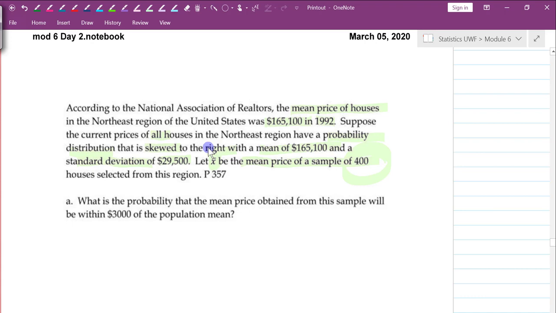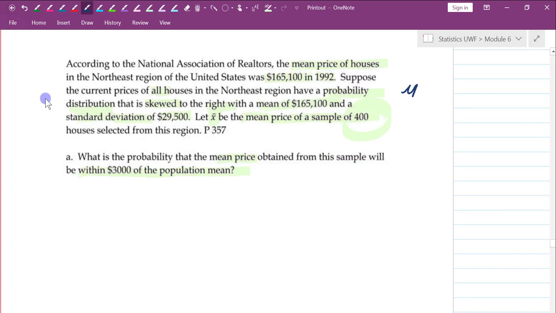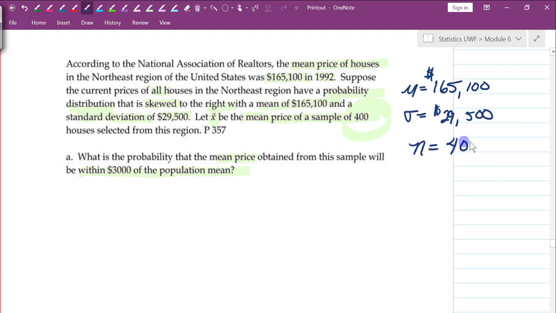That's very important. What is the probability that the mean price obtained from the sample will be within $3,000 of the population mean? Our mean is equal to $165,100, our standard deviation is $29,500, and our sample size is 400.